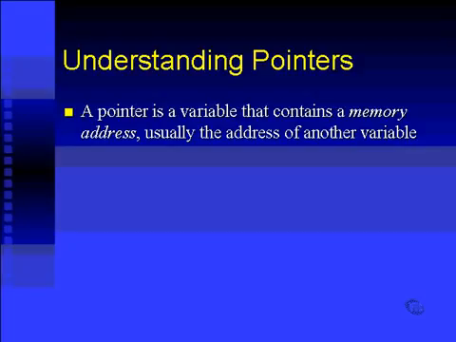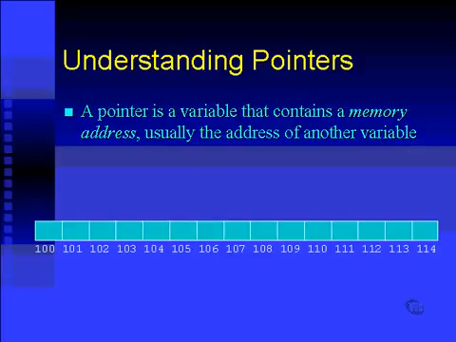This is a standard diagram that I always like to draw when I talk about pointers. It helps me understand them very clearly. I like to think of the entire memory of a program or the entire memory of a computer as one big long row of boxes. Does that make sense to you? You've got all the available memory on the computer, or at least all the available memory to this program, stretched out in a great big long line, certainly longer than the one I've drawn here.